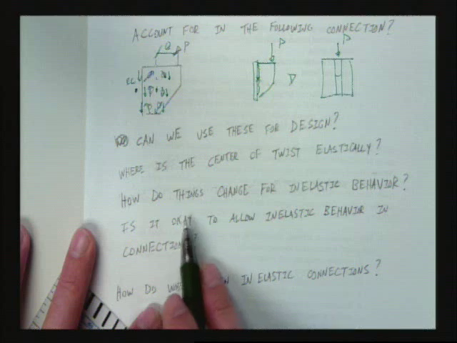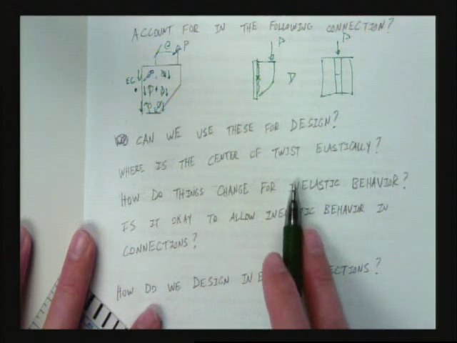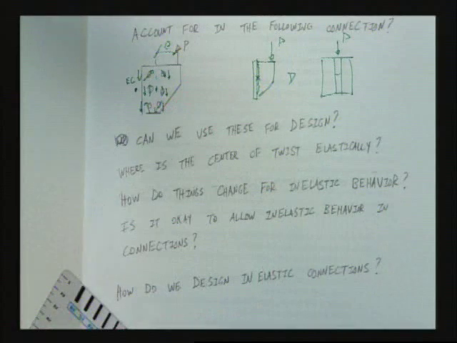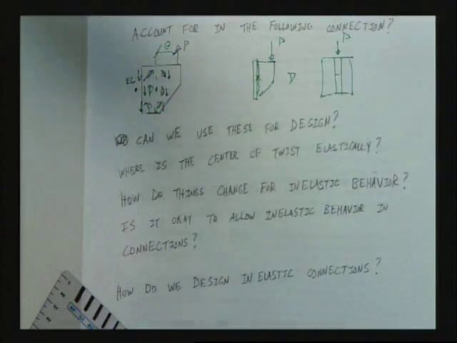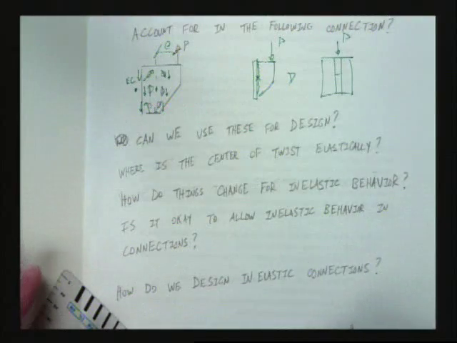How do all these things change for inelastic behavior? Or what did we assume under all this? We assumed perfectly elastic. What does perfectly elastic mean on a stress-strain diagram? Nothing is yielding. That's right.